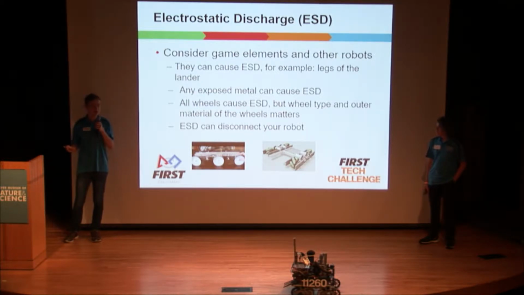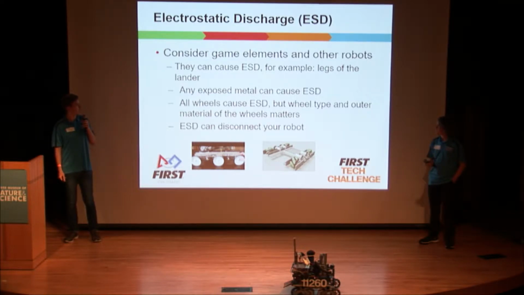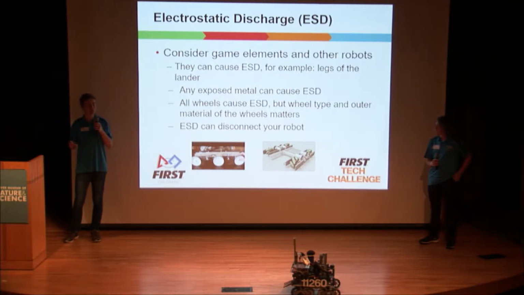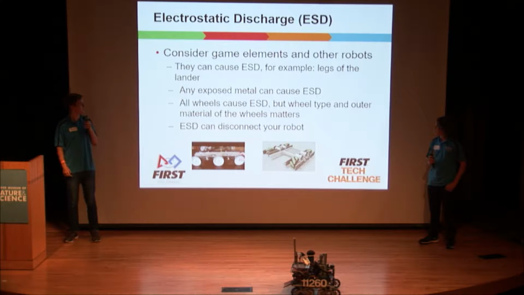For example, with the lander last year, we ran into a lot of ESD problems when one of our metal parts of the robot hit the lander and got the big static discharge. And in general, the foam field and game elements moving along them create a lot of electrostatic discharge. So it's something you'll just need to adapt to. There's not one perfect way to get around it.